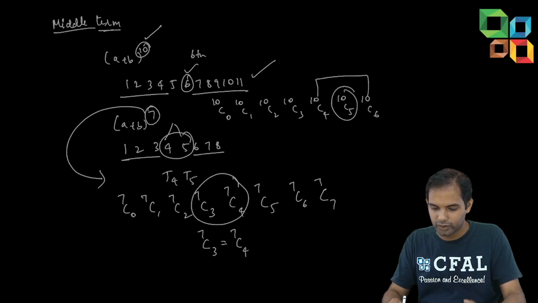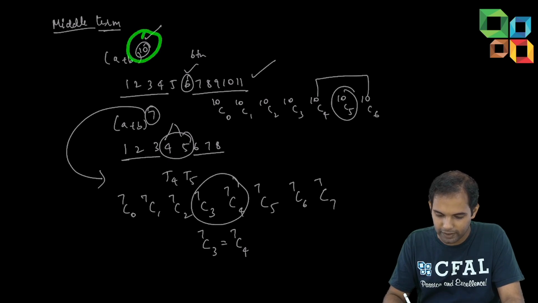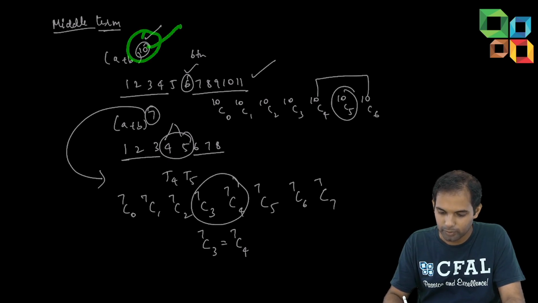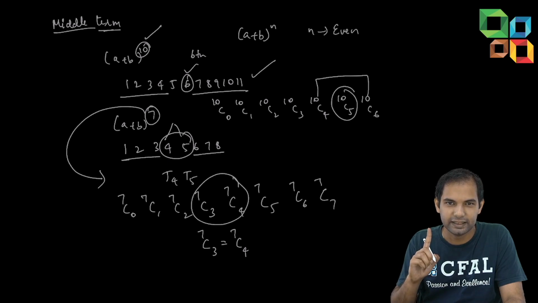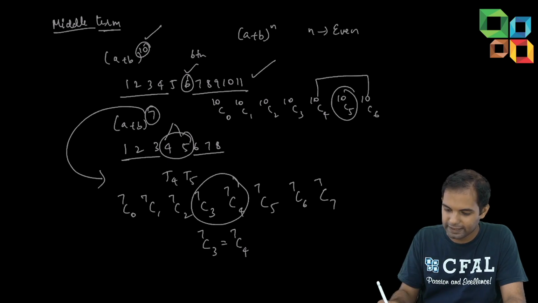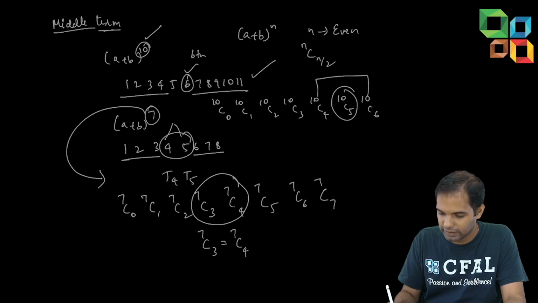So if you are to talk in terms of power, suppose I say (a plus b) whole power n. If n is even, then the middlemost term will be a single term. You can directly say the binomial coefficient at least is nC n by 2. Clear? So in this case it is 10C5.